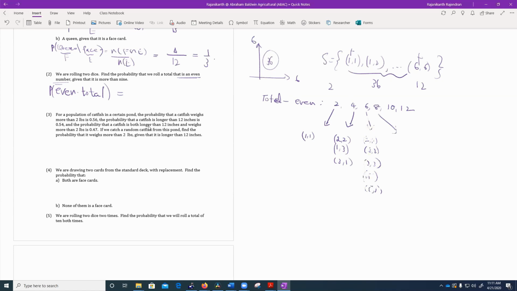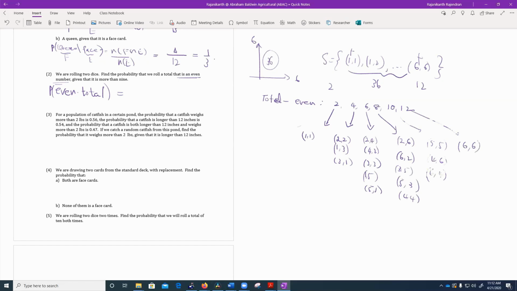To get the total 8, you should have 2,6, 6,2, 3,5, 5,3, and 4,4. To get the total 10, you should have 5,5, 4,6, and 6,4. To get the total 12, only one possibility, which is 6,6.